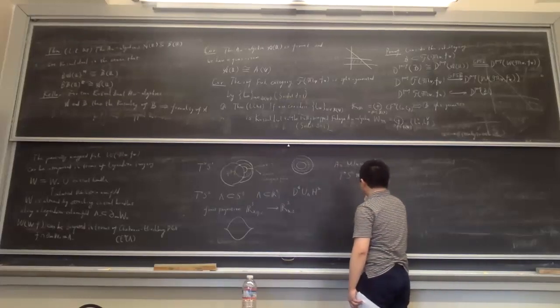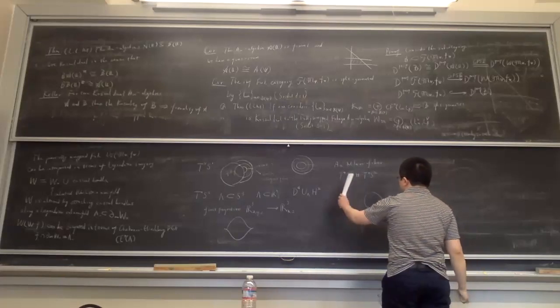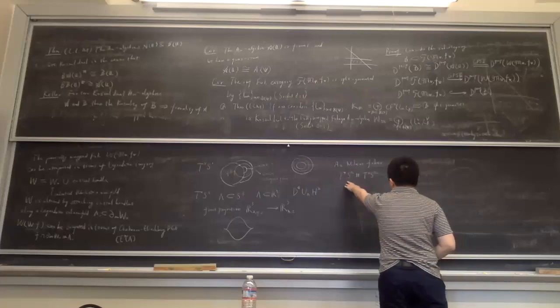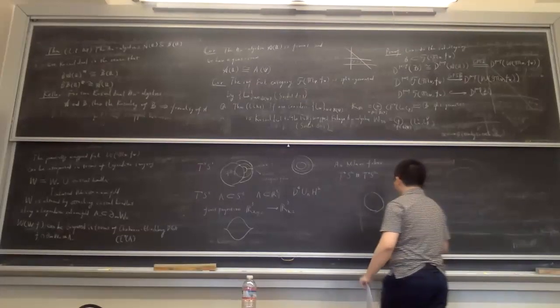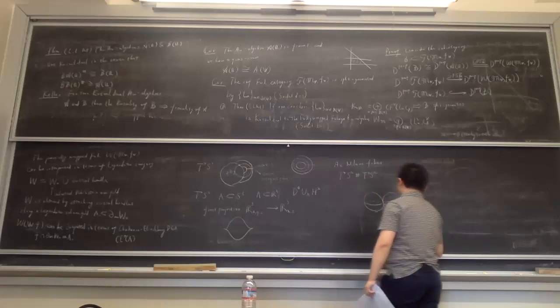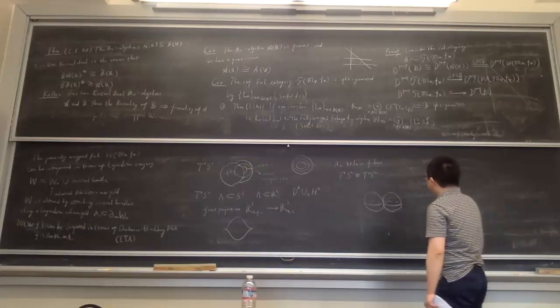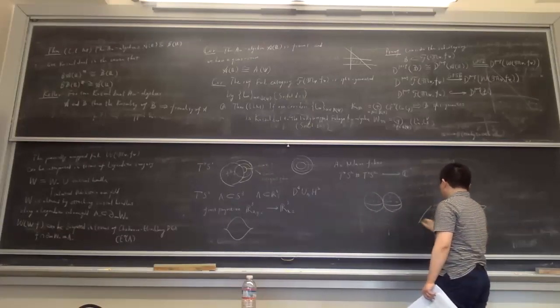By plumbing, I mean you identify the zero section direction of one cotangent bundle to the fiber direction of the other, and you identify the zero section of the other with the cotangent fiber direction of the first one. So what plumbing would look like is you have 2 Lagrangian spheres intersecting with each other transversely at a single point.